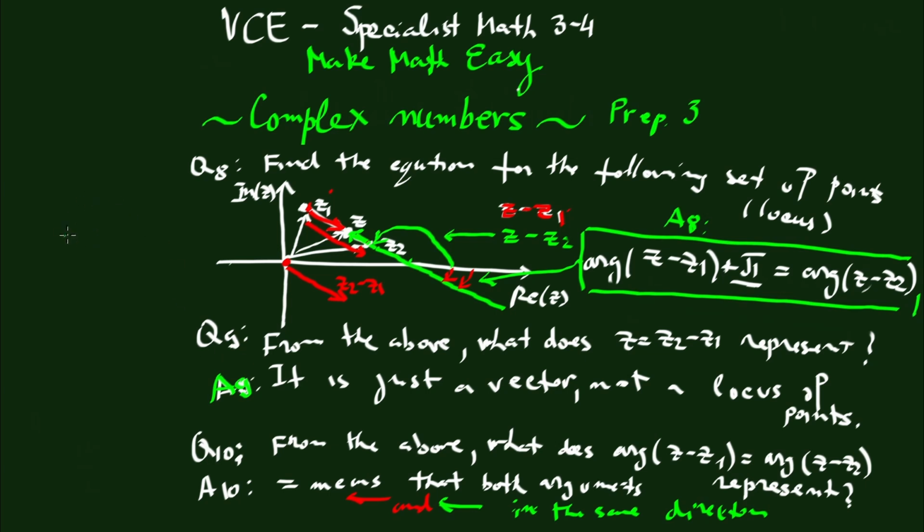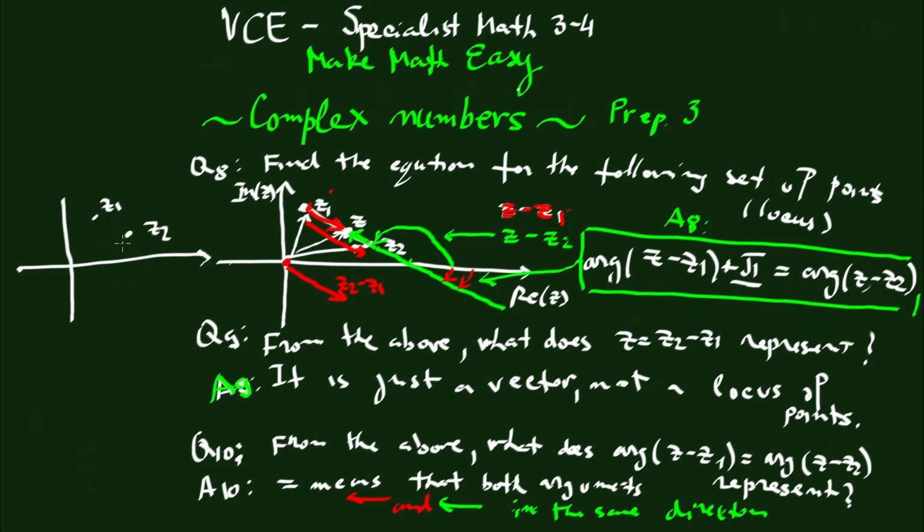So if you draw this picture again, maybe it will be easier to see. So let's do it again. So you have one point here, one point there, z1, z2, and then you have them pointing both in the same direction.